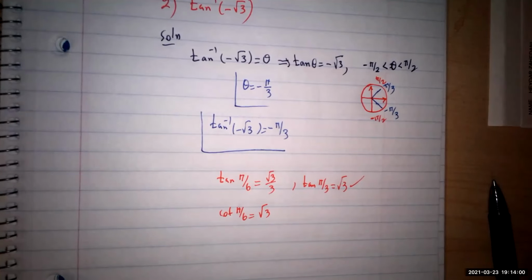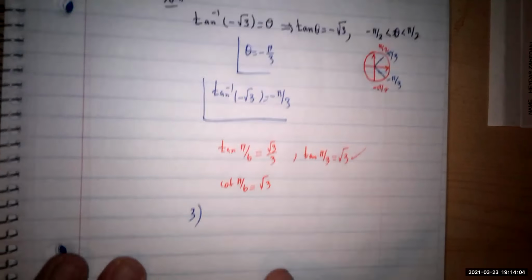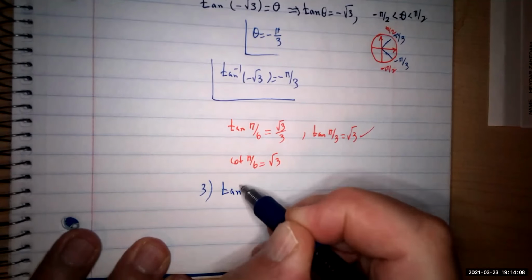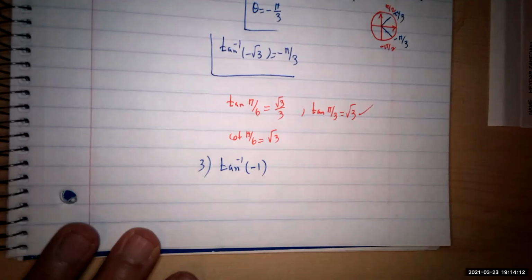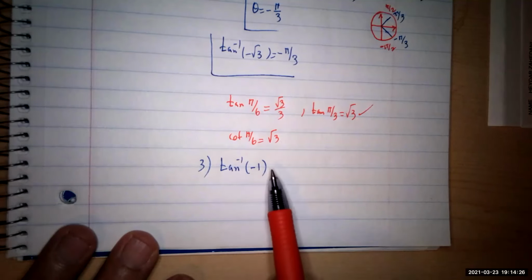Okay, let me give you a record to keep, because this is popular and people missed it. Tangent inverse of -1. You want to find an angle whose tangent is -1. Most people say 3π/4, which is correct, but remember, it's a tan inverse. There is a domain.